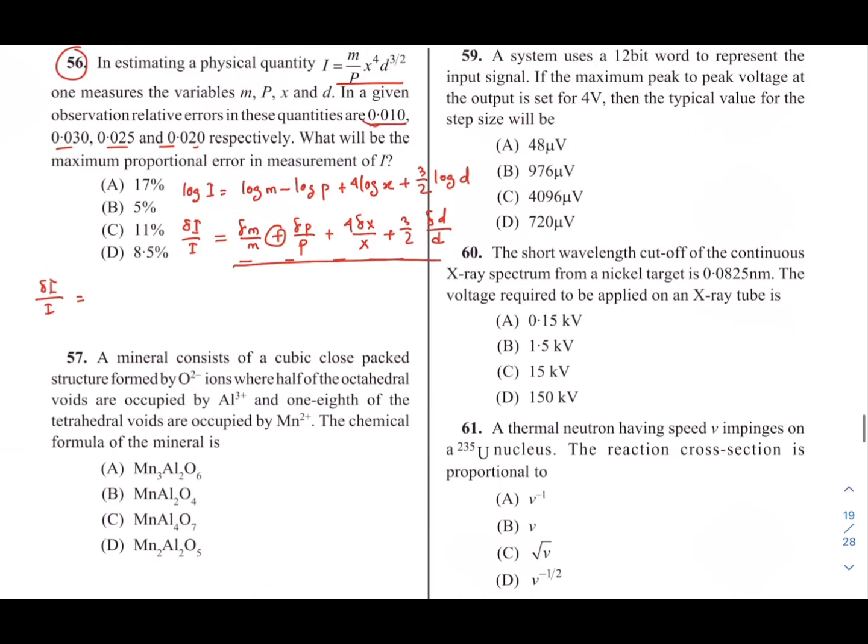Delta m by m is given as this, so we just put those values. 0.01 plus delta p by p is 0.03 plus 4 times delta x by x is 0.025 times 4 plus 3 by 2 times 0.02, and that is 0.04 plus 0.1 plus 0.03, that is 0.17 or 17%. So option A is the correct answer.